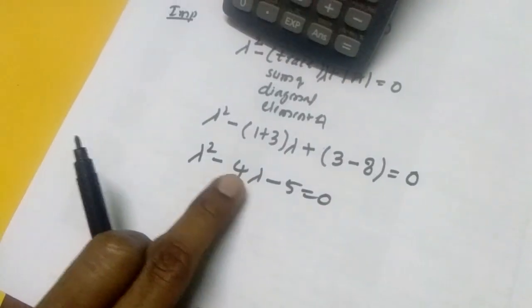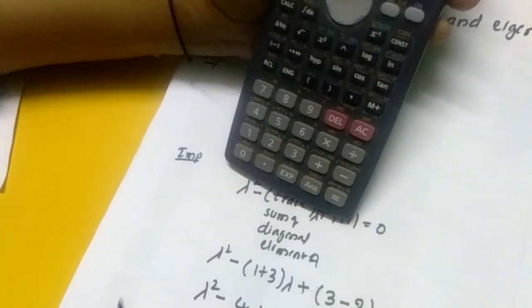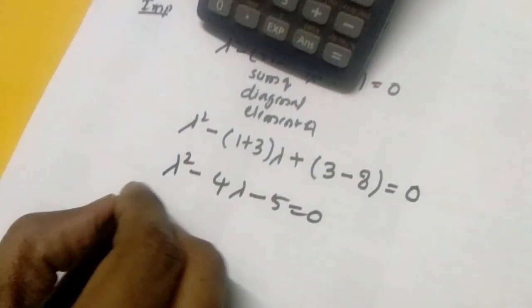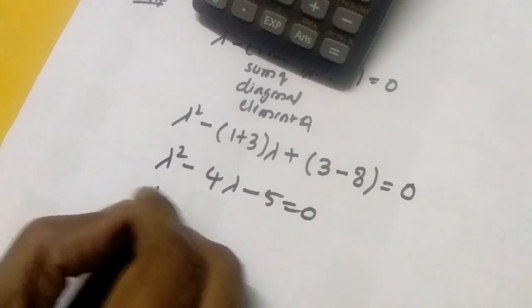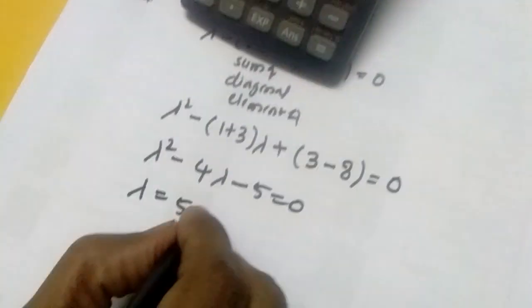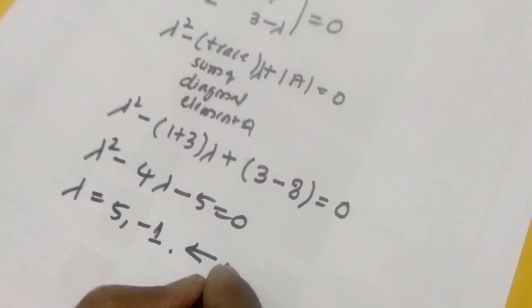Next the lambda coefficient is minus 4. Next C is minus 5. Therefore the roots are lambda equal to 5 and lambda equal to minus 1. These two roots are called the eigenvalues of the given matrix.